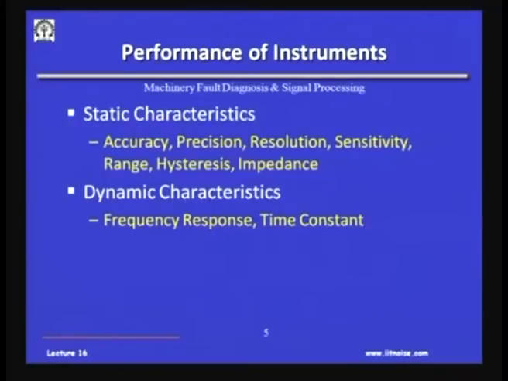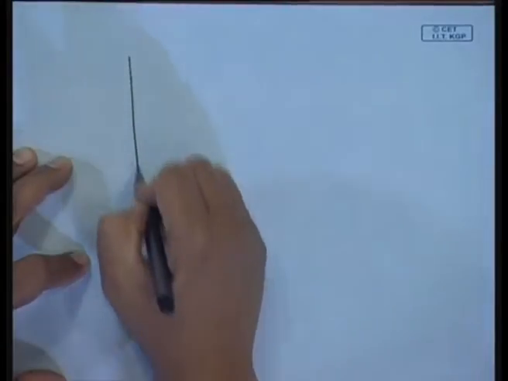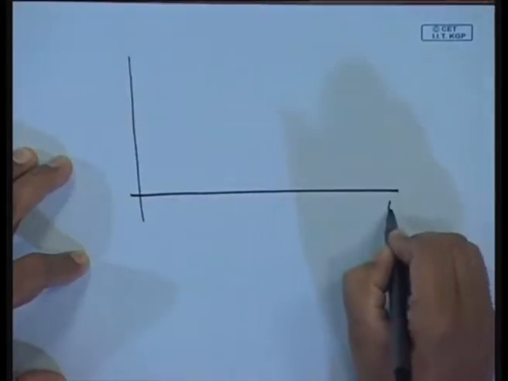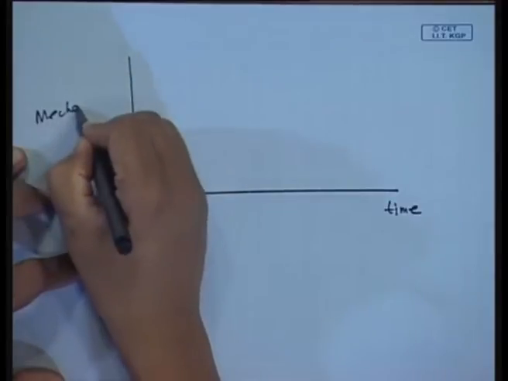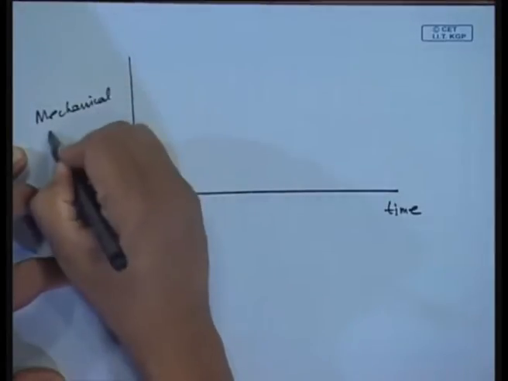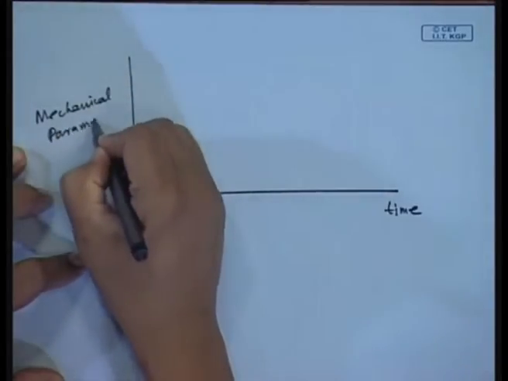Now, once we have understood what these transducers are, let us see how do we know whether we are measuring them correctly. So, some of the static characteristics, because the primary mechanical parameter as a function of time could be anything.